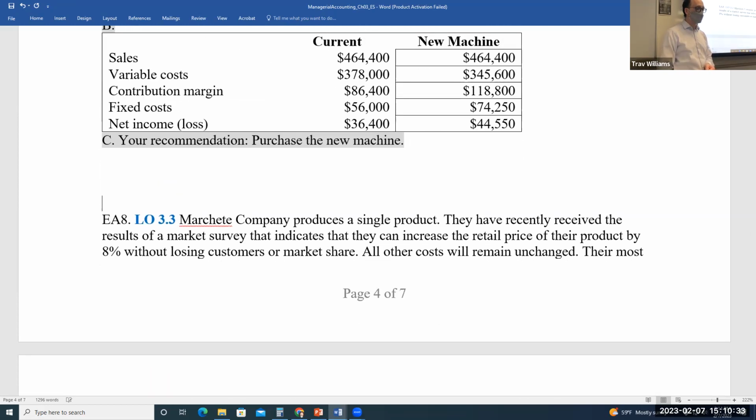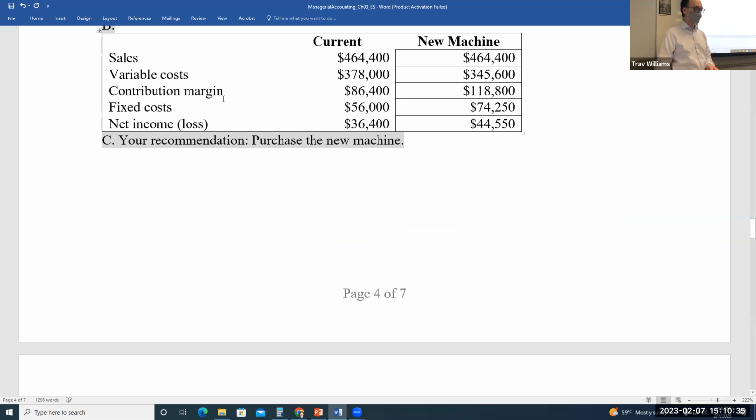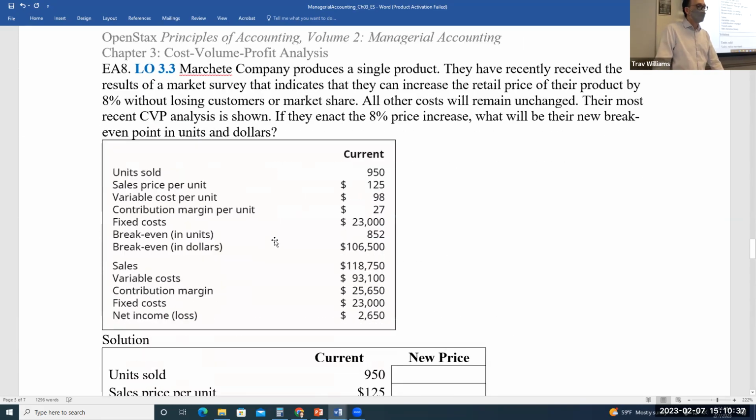All right then, number 8. Okay, so now we're going to do another sensitivity analysis similar to what we just did. This time though, there is a price increase of 8%. So last time we changed the costs, right? For our cost volume profit analysis, and now we are going to change the price.